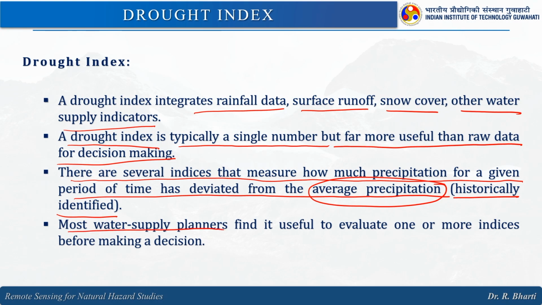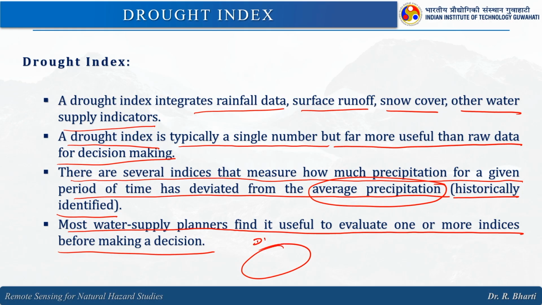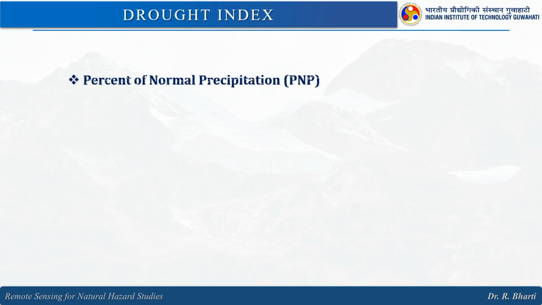Most water supply planners find it useful to evaluate one or more indices before making a decision, because for some area maybe a particular drought index, let us say drought index 1, and then we have drought index 2, right? So, both 1 and 2 will be used, and then probably the decision making will be much easier. So, we will not be biased.